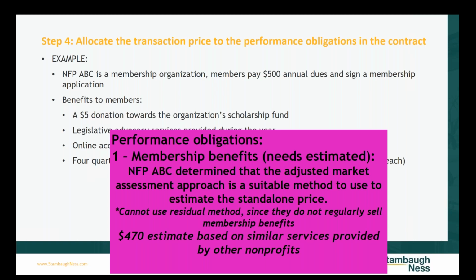So in this case, we now have an estimate of $470 for our bundled membership benefits. And in this case, we really can't use the residual method because they're not regularly selling those membership benefits. And we were able to identify, based on other factors, what someone would be willing to pay.